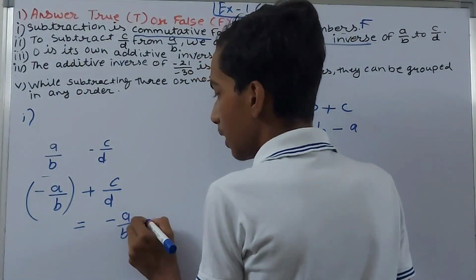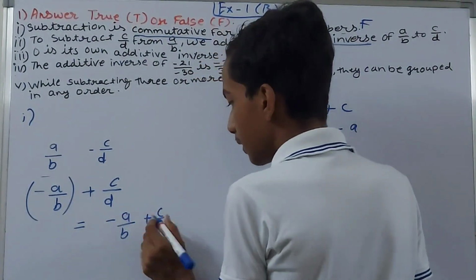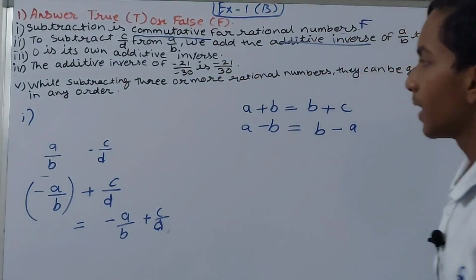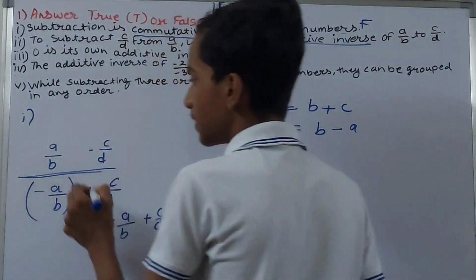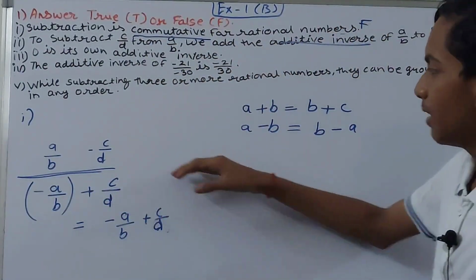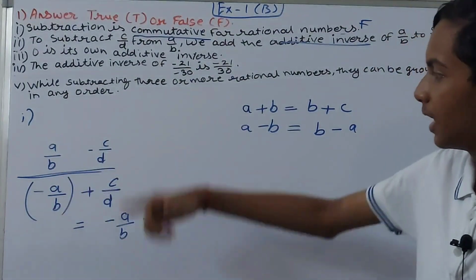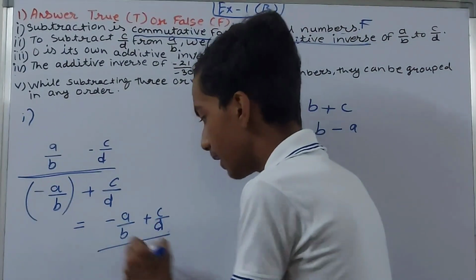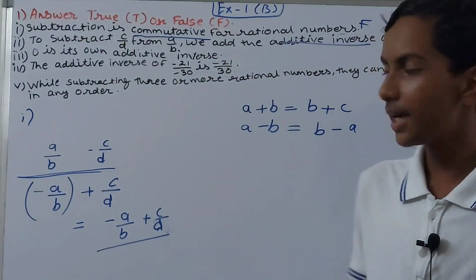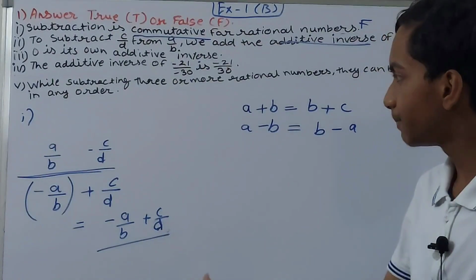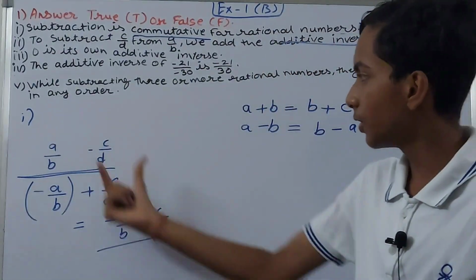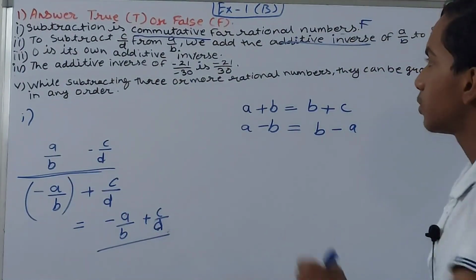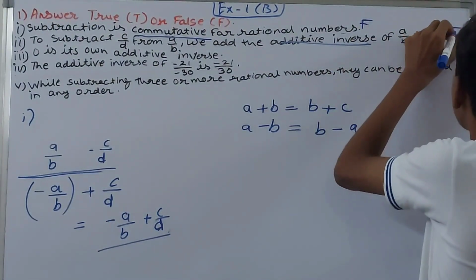Minus a by b plus c by d. The original one, when we subtract c by d from a by b, is different from the one according to the steps given in the statement. You can see that the order has changed and the sign has changed. So this is false.